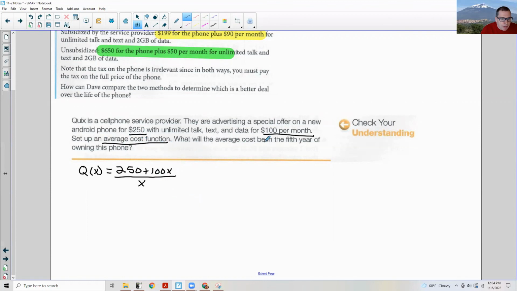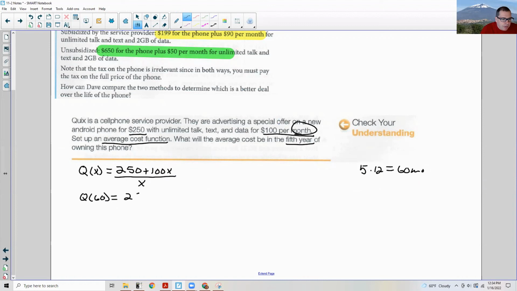Now it says, what's the average cost be in the 5th year of owning this phone? 5th year per month. So 5 years times 12 months is 60 months. Okay, so we're going to plug 60 into this. So I want to know what Q of 60 is.